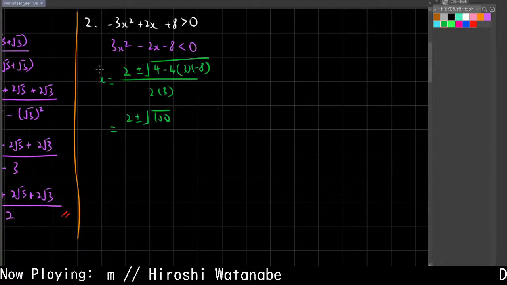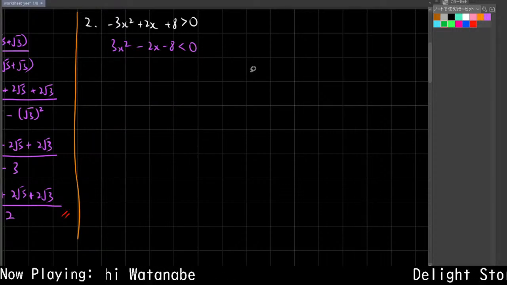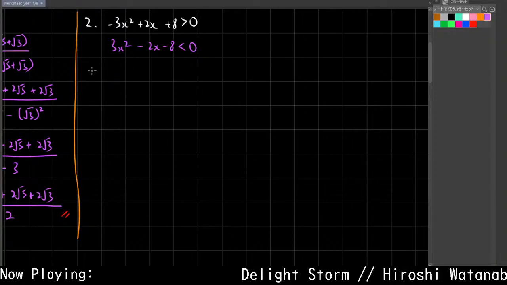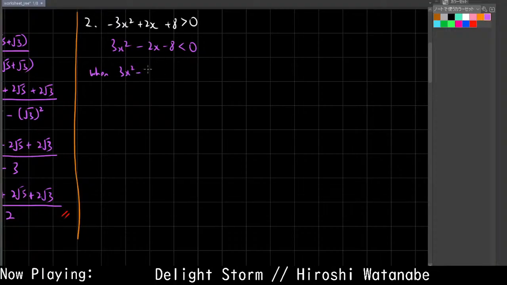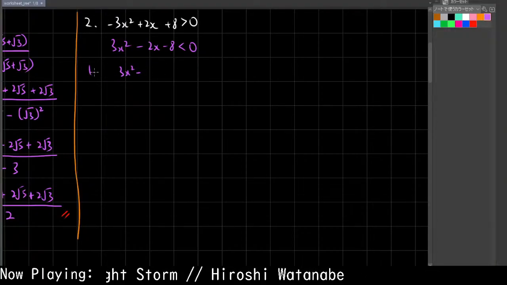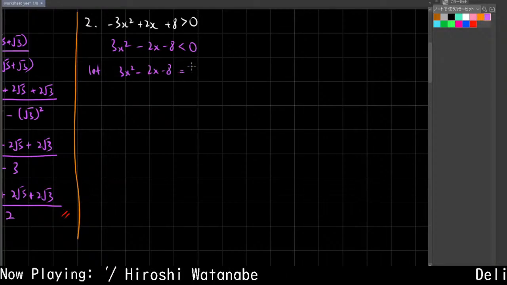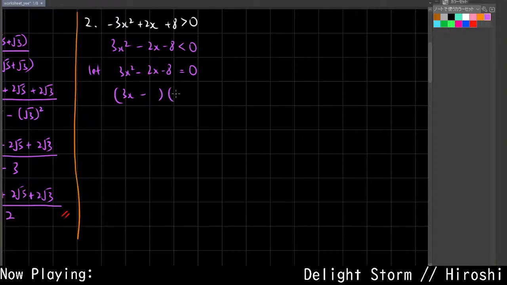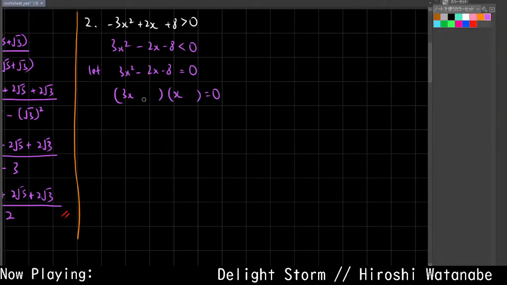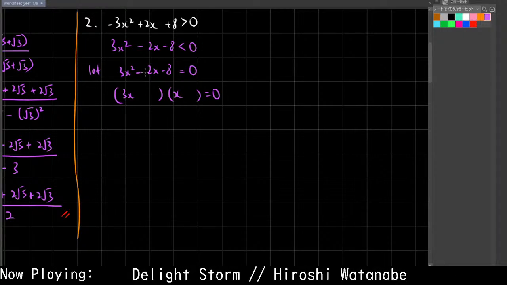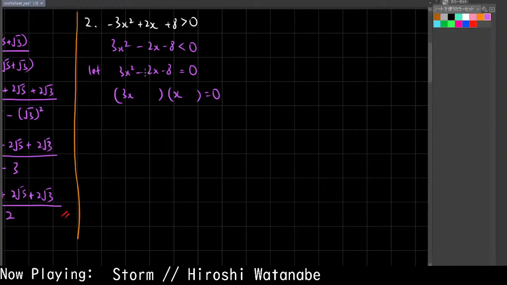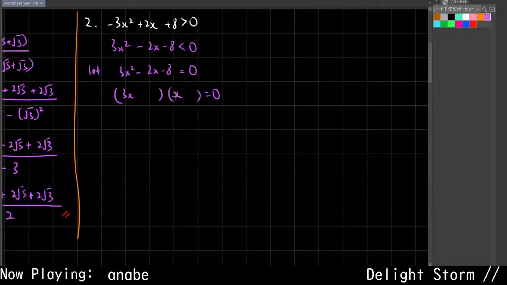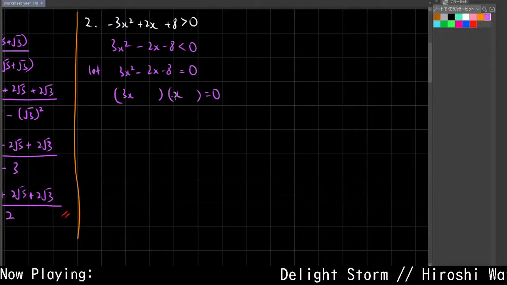Oh, wait. Let it be equal to 0. It's actually factorizable. 3 times 2, and then 4.